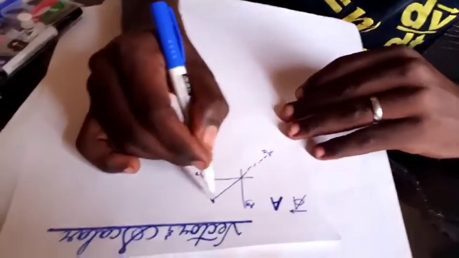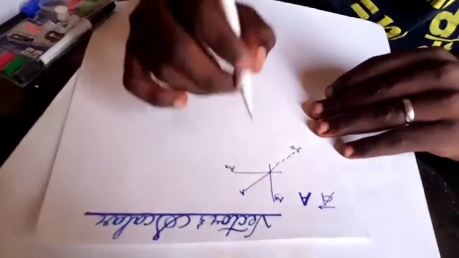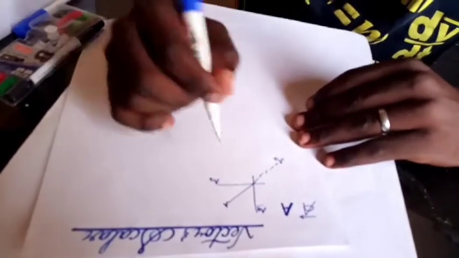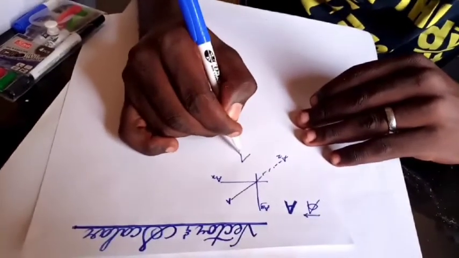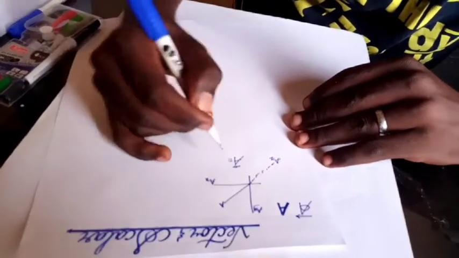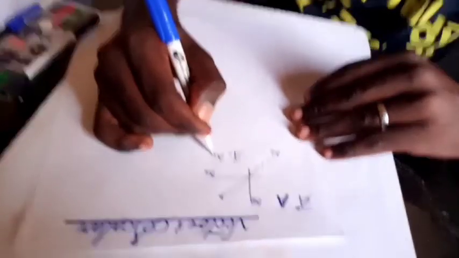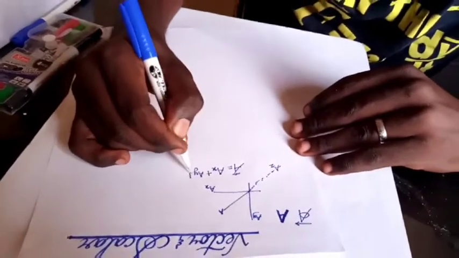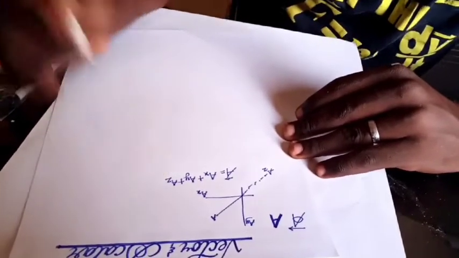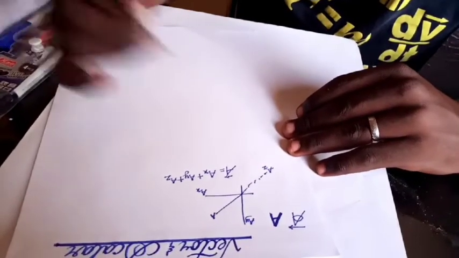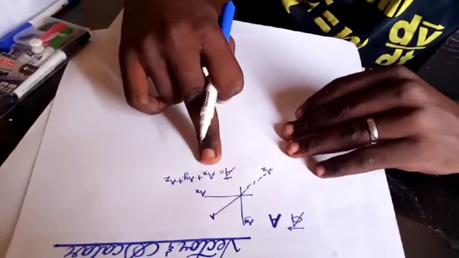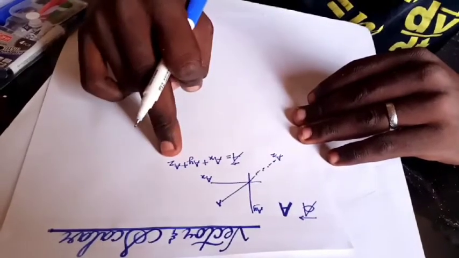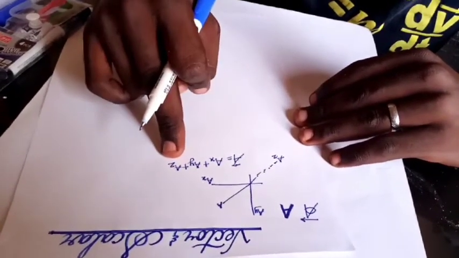So if I'm to represent this single vector A, I can't just represent it as A. I will represent it as A equals AX plus AY plus AZ. This means in the X direction, in the Y direction, and in the Z direction.